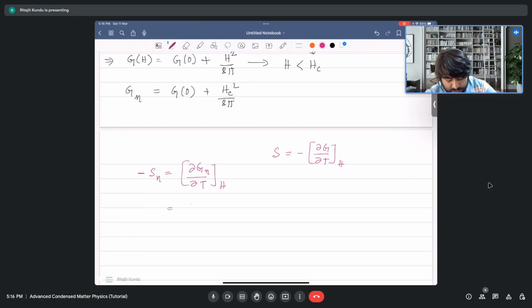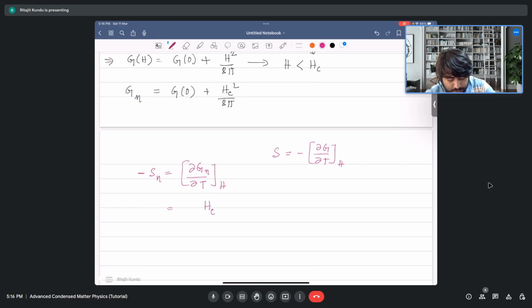So ∂G naught will not be there, because it is some constant thing. It doesn't depend on temperature. Or I mean, you can keep that, but we would like to really keep this critical field part, so you just take the derivative with that.